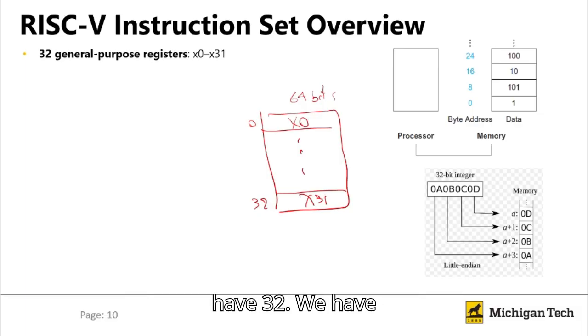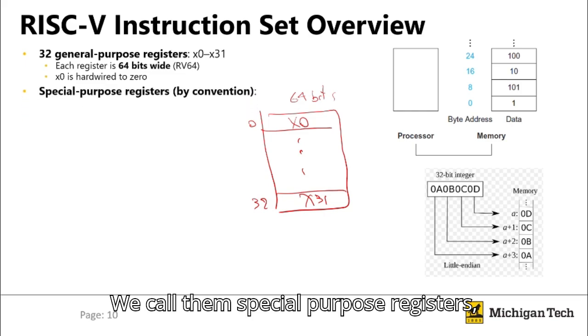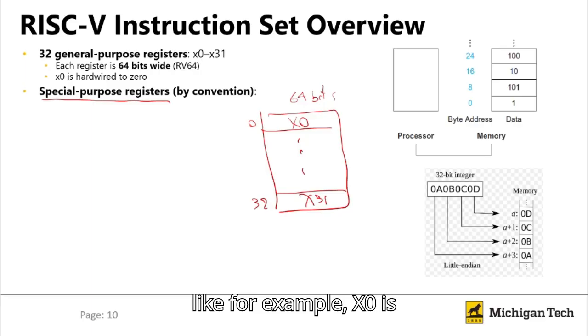We just have 32, and we have some special registers. We call them special purpose registers. For example, X0 is always 0. Sometimes we call it the zero register. It's hardwired to be 0.